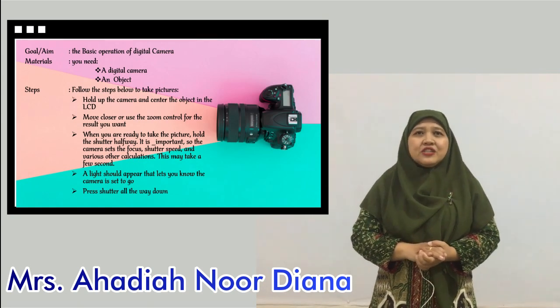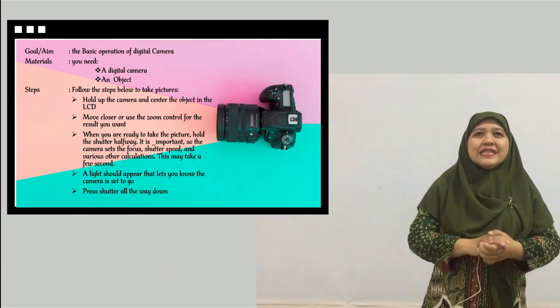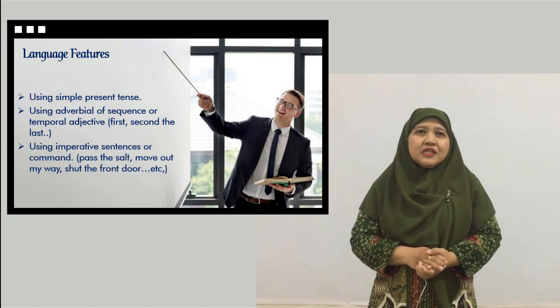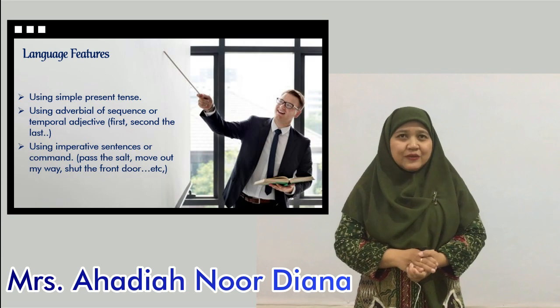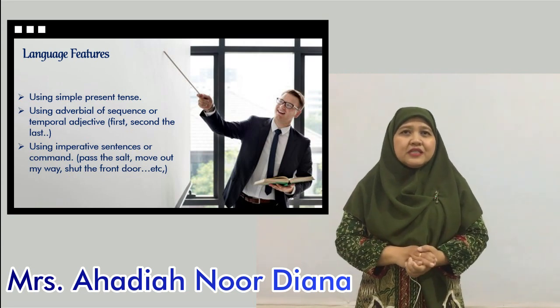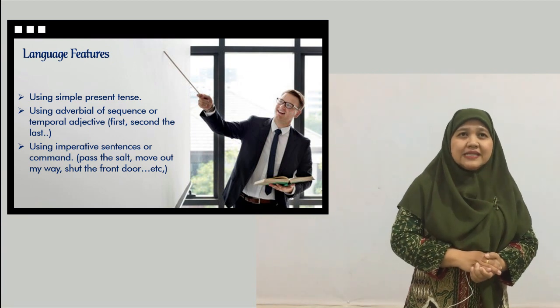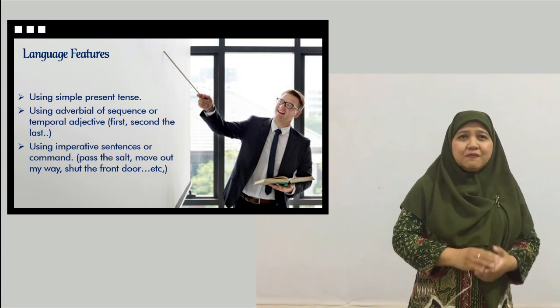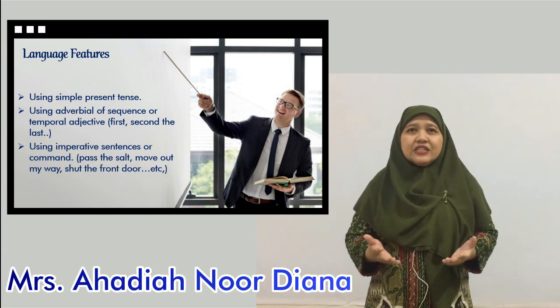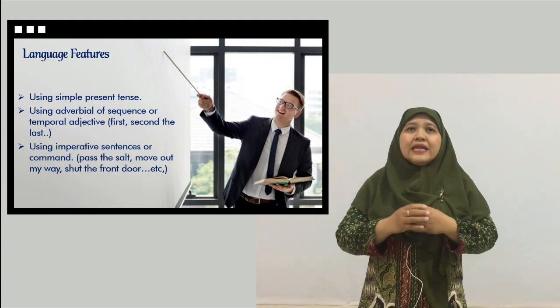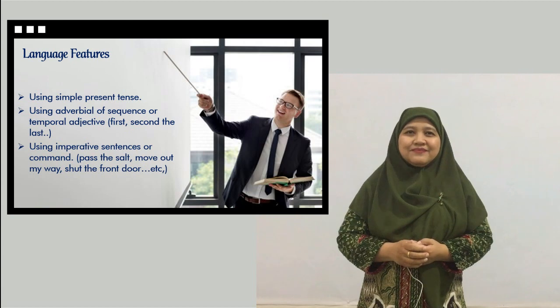The last key feature of procedure text manual is language features. What are the language features of procedure text manual? Language features of procedure text manual include using simple present tense. We use the simple present when an action is happening right now or when it happens regularly.